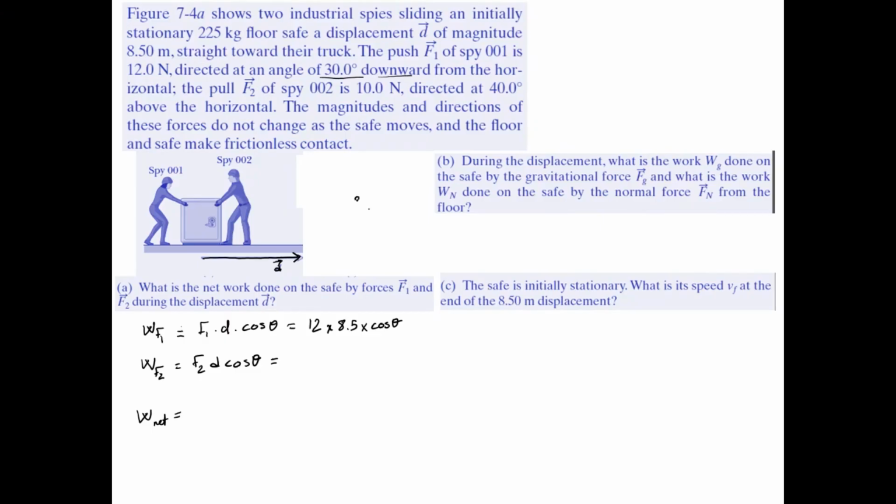So if I draw that, it's 30 degrees below the horizontal. So this is F1, makes an angle 30. F2 is directed at 40 degrees above the horizontal. So F2 looks like this.